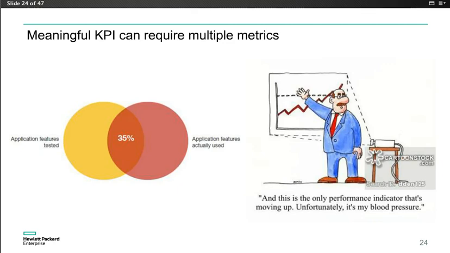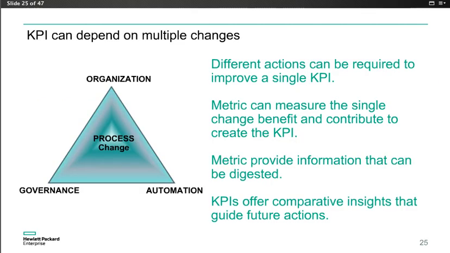Are these features completely tested? From that picture, you can see that no, it's not completely tested and covered by tests. But when you measure these two circles the wrong way, you can make a wrong decision on the path with DevOps adoption.